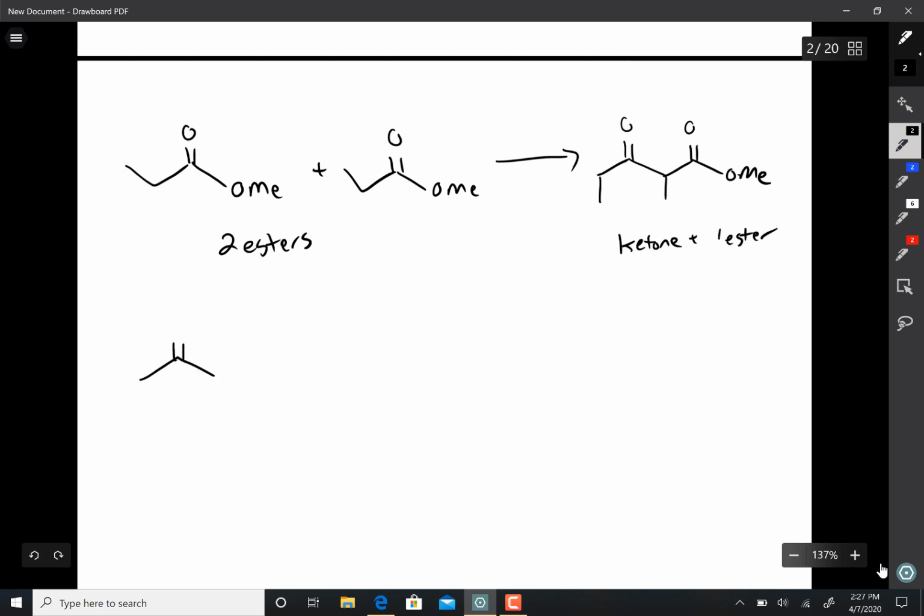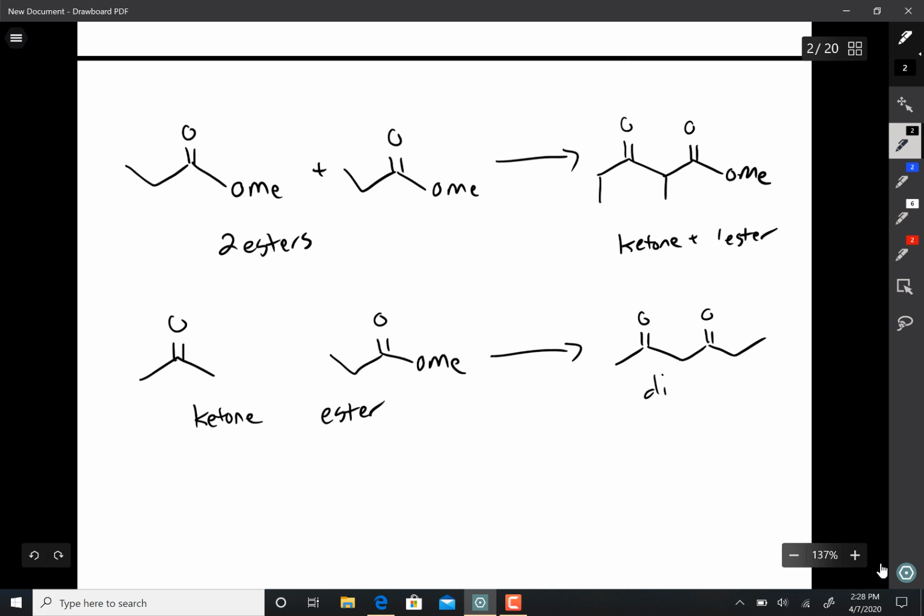Well, so you do a mixed Claisen reaction using a ketone and an ester. So you start off with a ketone and an ester, and the mixed Claisen product would be a diketone.